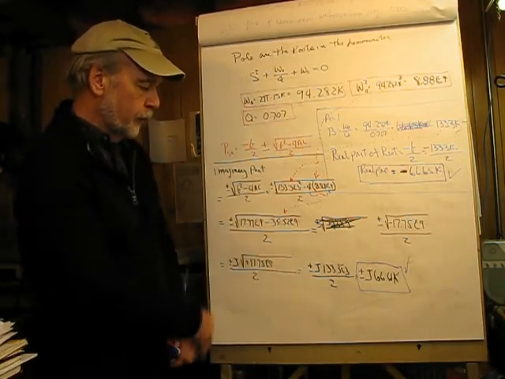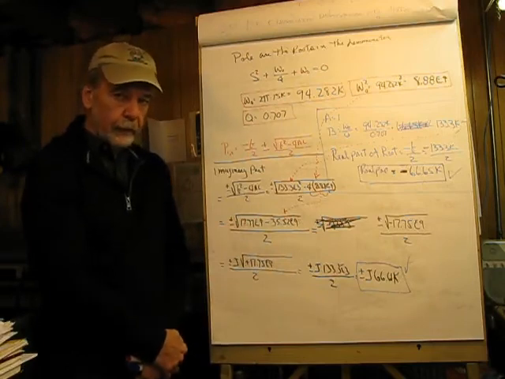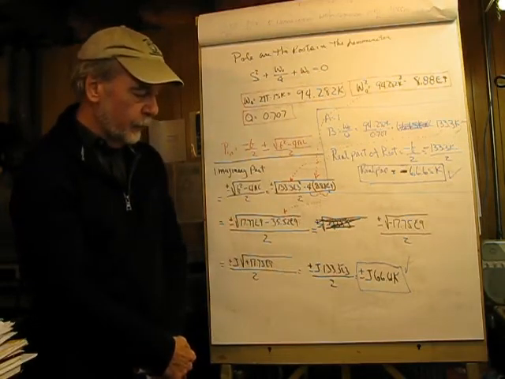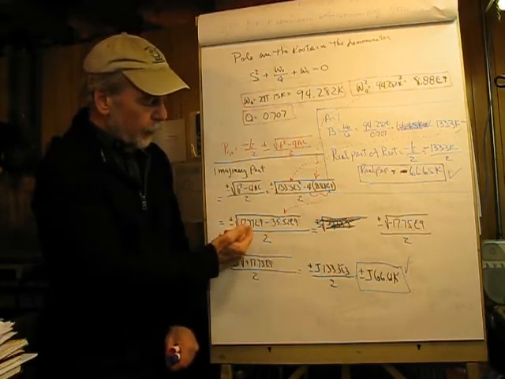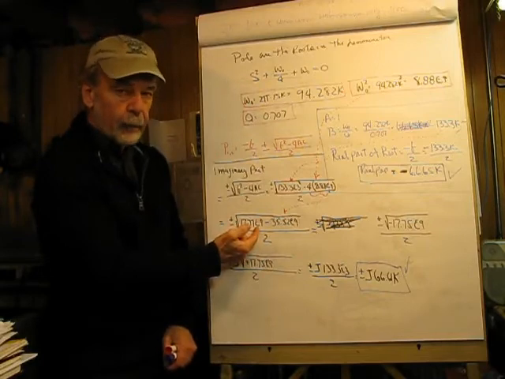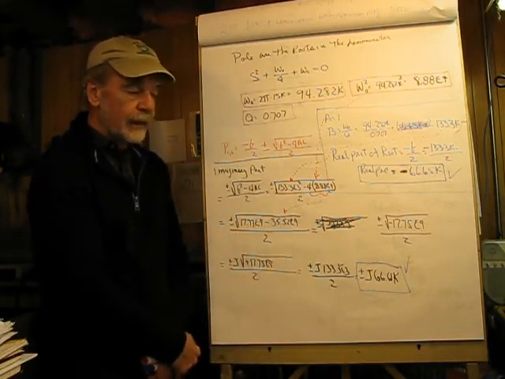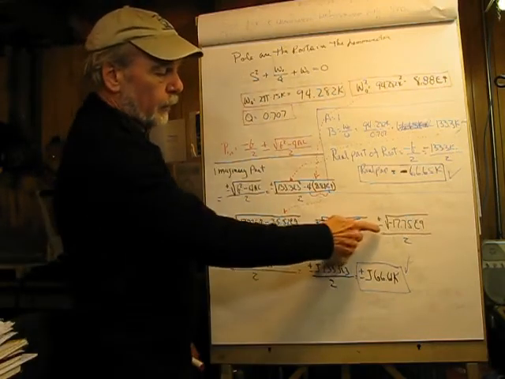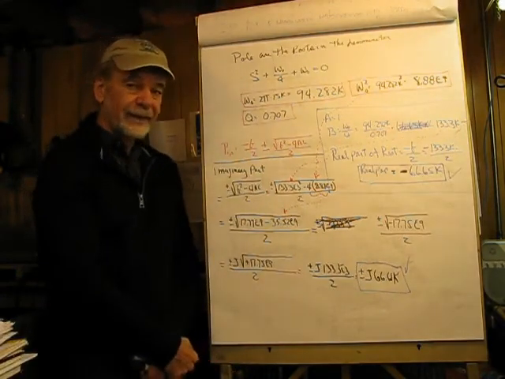We have to divide it by 2, and what that gives us is 17.77e9 minus 35.52e9. And that gives us plus or minus the square root of negative 17.75e9, again divided by 2.